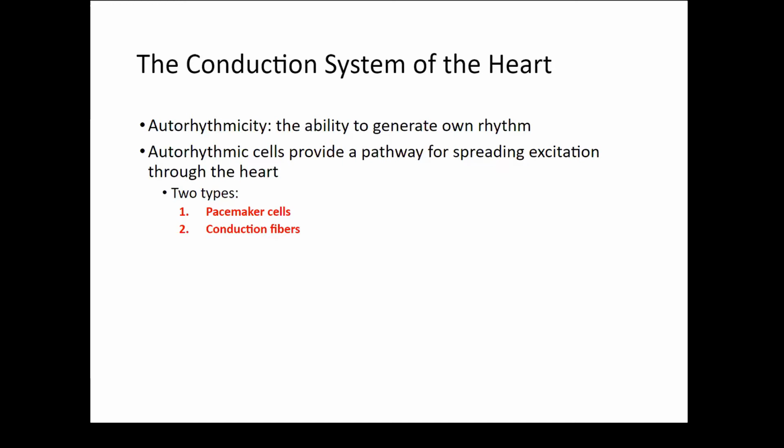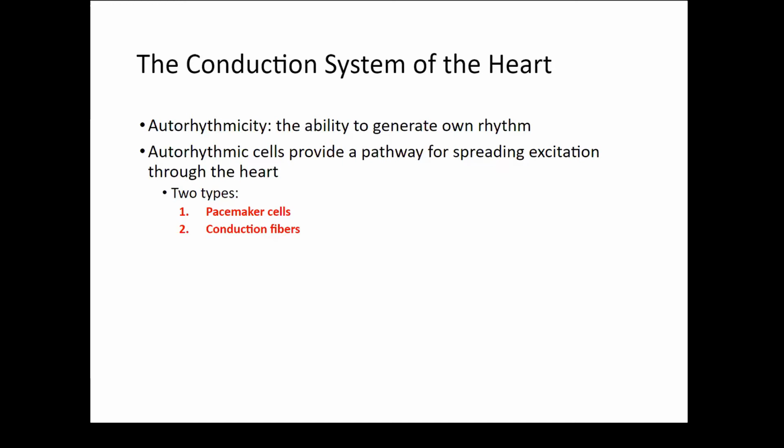When we're thinking about our autorhythmic cells, we're going to have basically two types. We're going to have cells that we call pacemaker cells. Those are the cells that are actually going to be setting the pace of the heartbeat, and they're like pulsing. And then we're also going to have conduction fibers. In order to have the muscle cells actually contract, we don't need to just have this electrical activity.